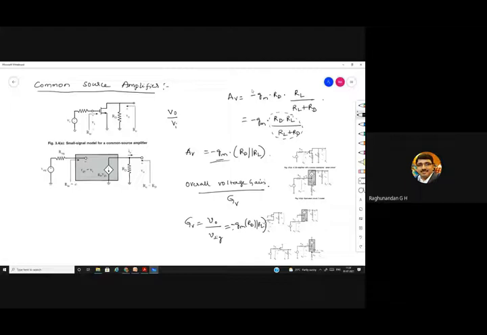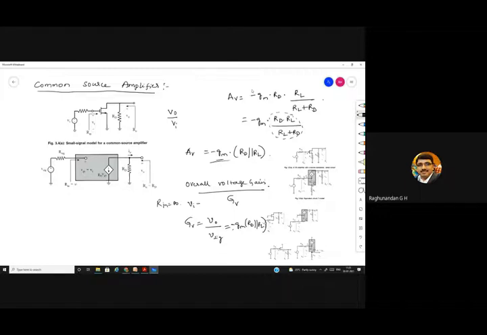The overall voltage gain is the same as the voltage gain proper AV, that is the terminal voltage gain. So GV and AV both are the same. We consider both of them to be the same because Rin is infinity, that means the input resistance is infinity.